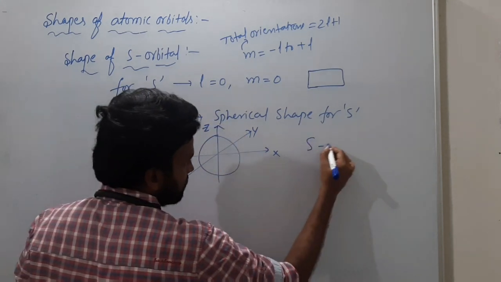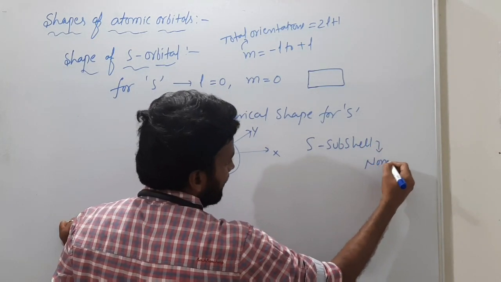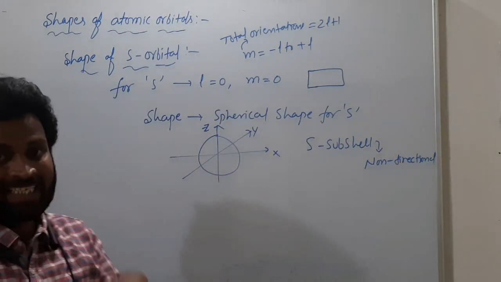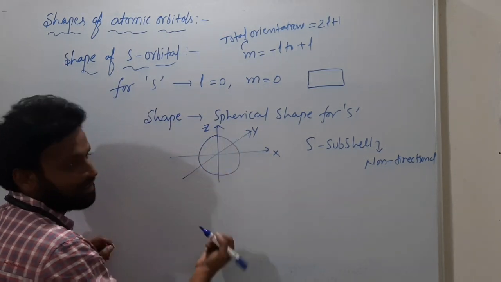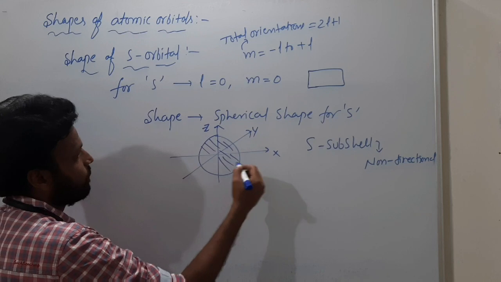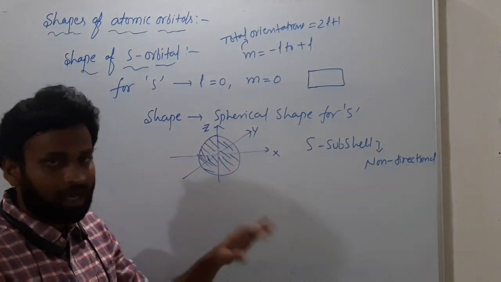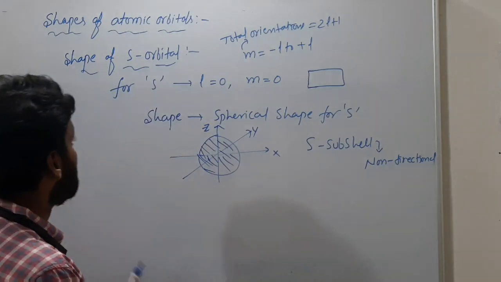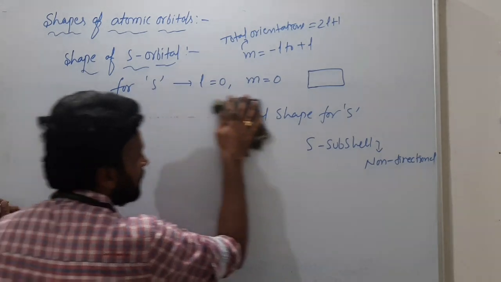That's why the s subshell is non-directional. It has probability of finding the electron in the xy plane, yz plane, and everywhere, on all 3 axes as well as on 3 planes. So the s subshell is spherical and has probability in all 3 directions.